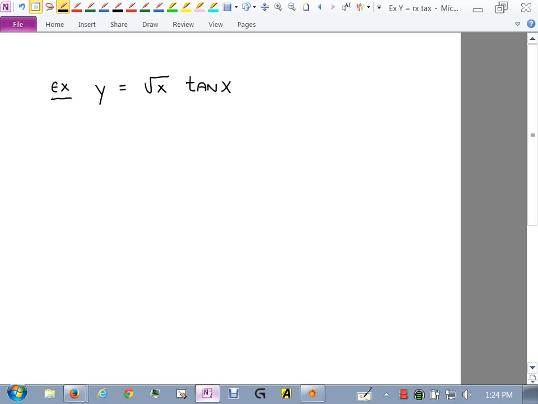All right, so I'm trying to find y prime. What do you see here? You see a product there? See that product? You see the F, you see the G?